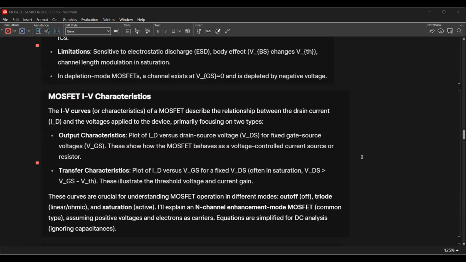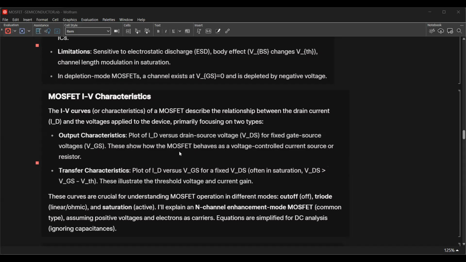Okay, the current-voltage characteristics of a MOSFET describe the relationship between the drain current and the voltage applied to the device, primarily focusing on two types. So we have the output characteristics, the plot of the drain current versus the drain voltage, VDS, for different gate-source voltages.